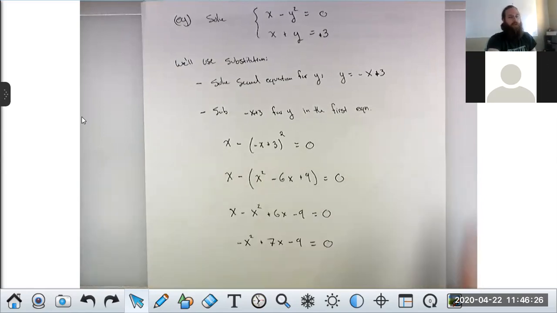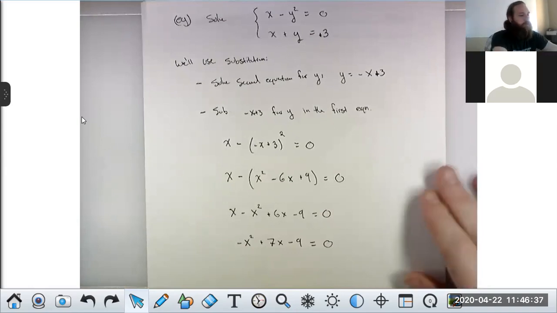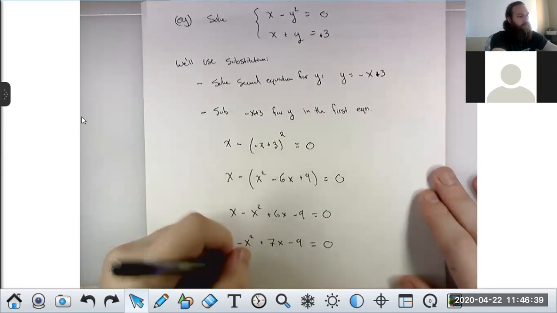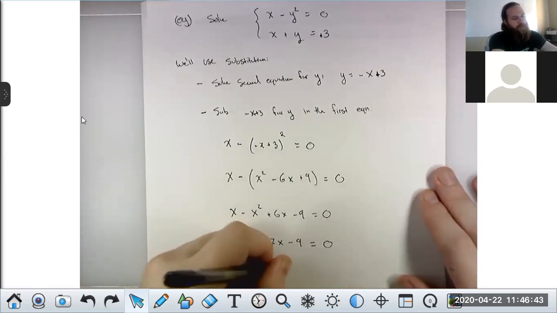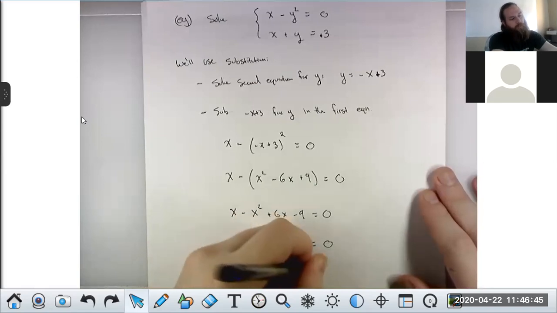And this quadratic equation I can try to solve by factoring, or I could solve by using the quadratic formula. Maybe I would start by dividing both sides by -1 to get rid of the negatives. So this is the same as x squared minus 7x plus 9 equals 0.